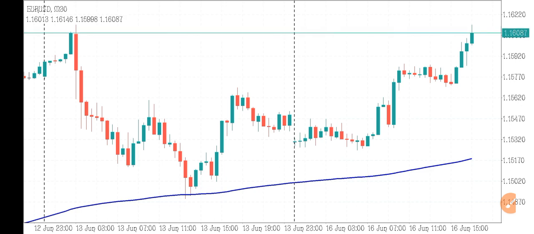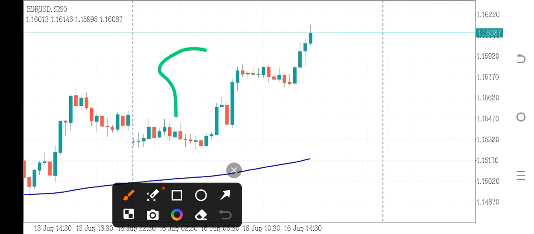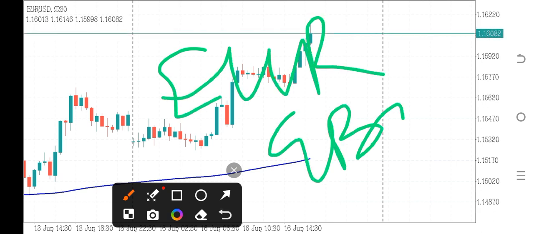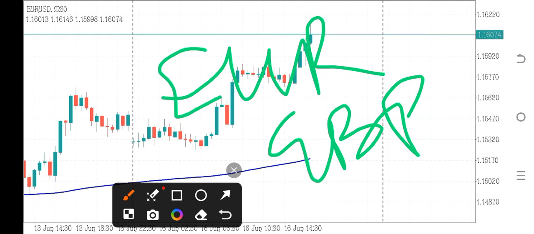Then we have the minor currency pairs, which are the cross currency pairs. They do not include USD but still involve major currencies. For example, we have Euro GBP, Euro JPY, GBP JPY, AUD NZD, and so on.